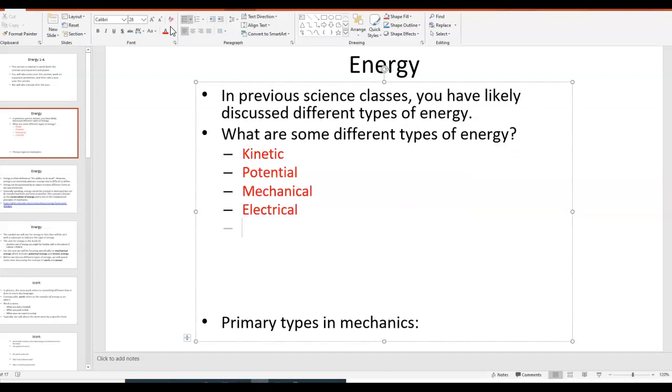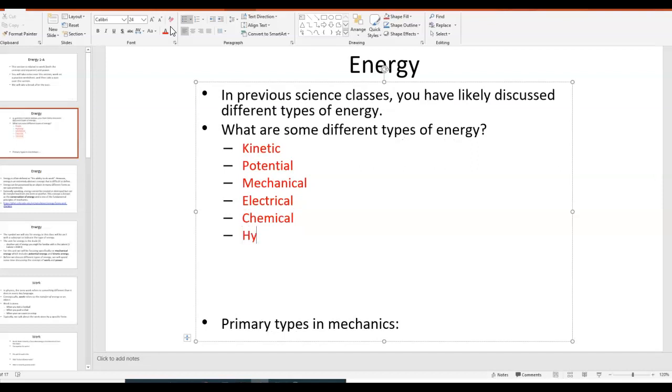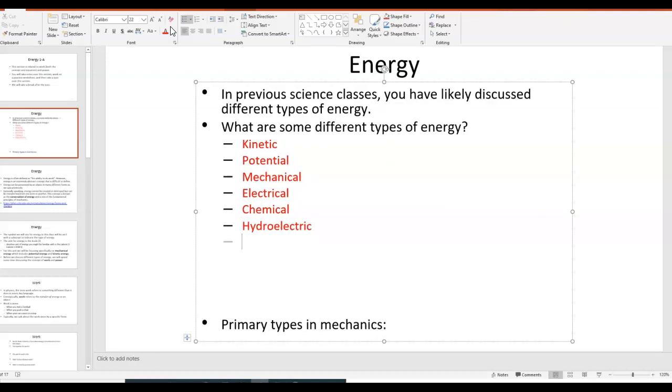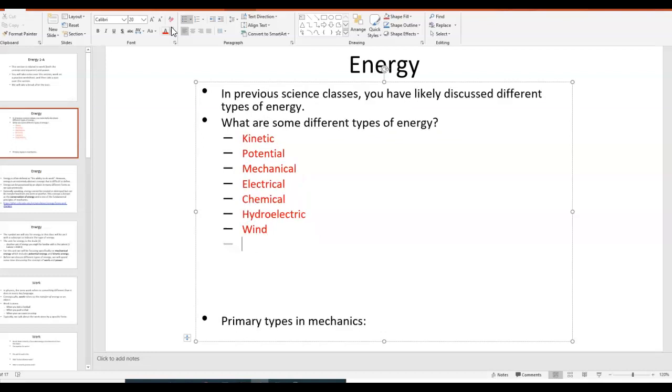This is just some that are occurring to me off the top of my head. We have chemical energy, hydroelectric energy, wind, solar. There are lots of different energies we could come up with.